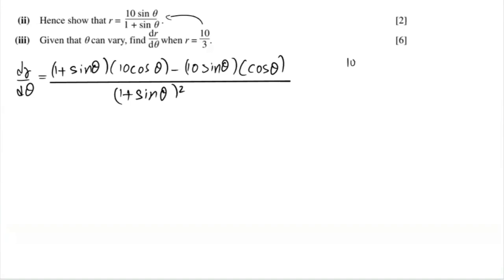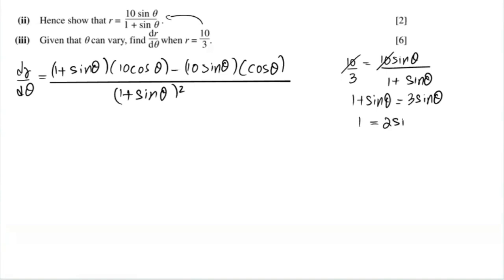I'm going to put 10 over 3 equal to 10 sine theta over 1 plus sine theta. So get rid of the tens, you divide both sides, and this will look like 1 plus sine theta equals 3 sine theta. So I'm getting 1 equals 2 sine theta. And now sine theta is going to be 1/2.